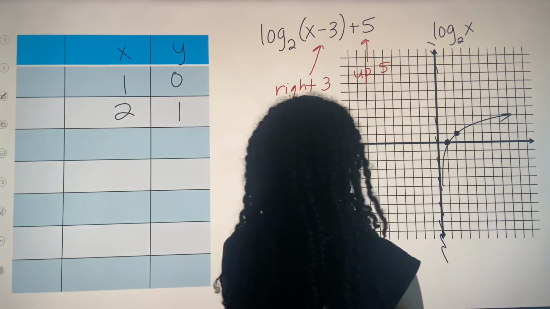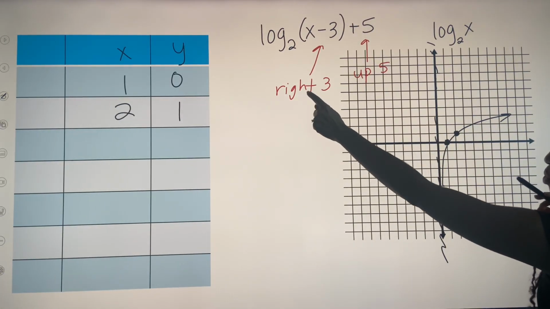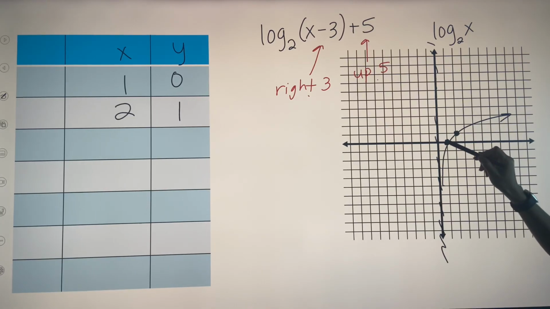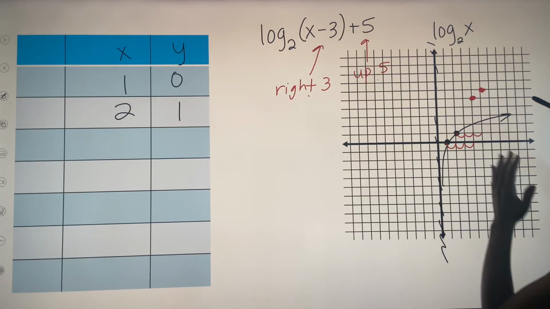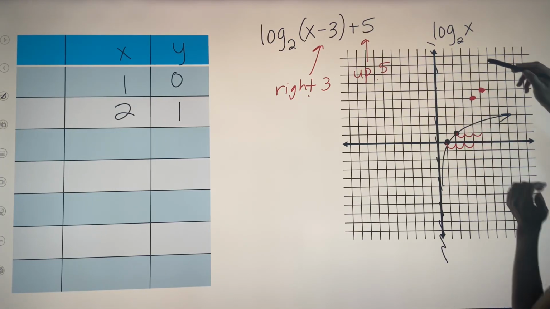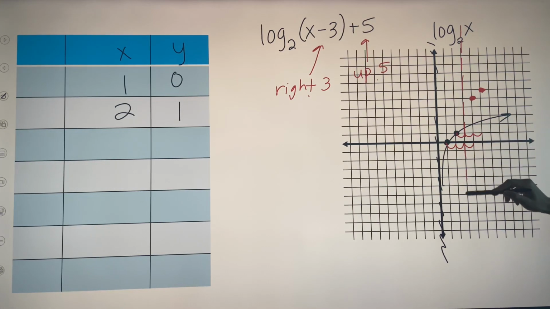So these points, I can move to the right 3 and up 5. So move this point right 3, up 5, that's right here. Move this point right 3, up 5, that's right here. So this is your new graph. Also, your asymptote moved over to the right. So this is your asymptote, and this is your new graph.